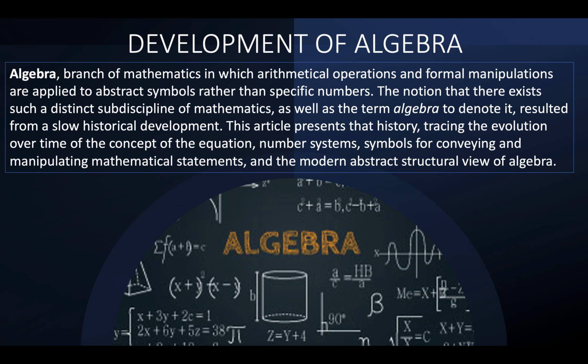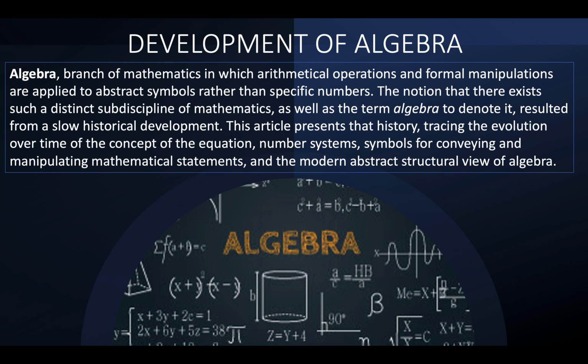Now comes the next topic, which is the development of algebra. Algebra is a branch of mathematics in which arithmetical operations and formal manipulations are applied to abstract symbols rather than specific numbers.